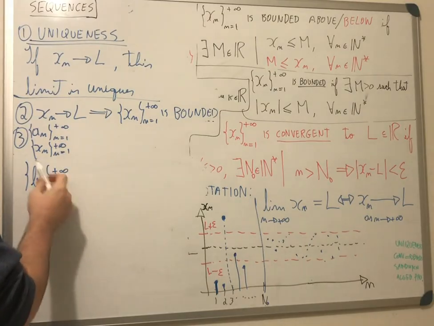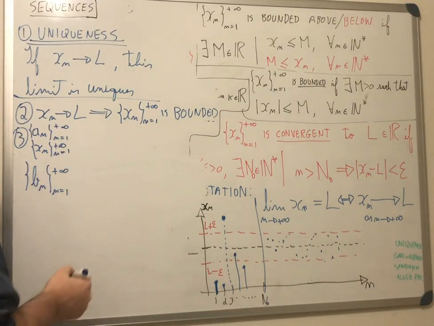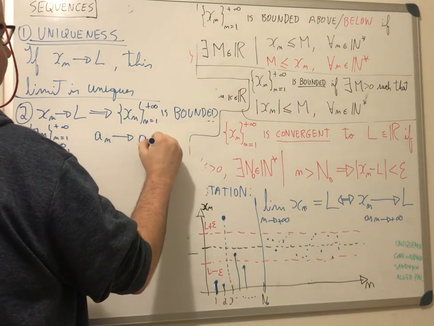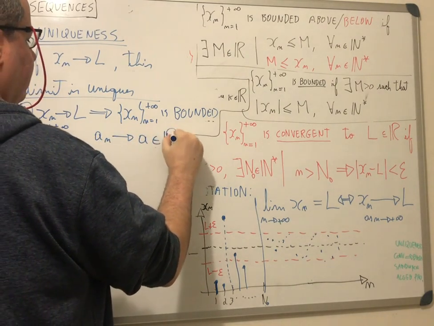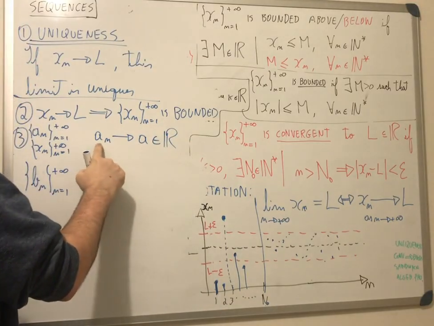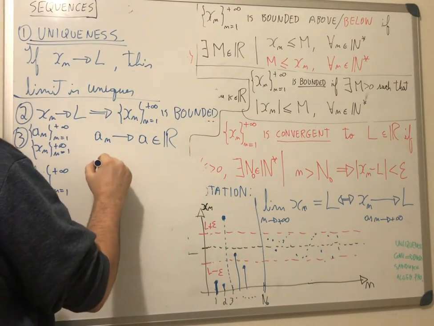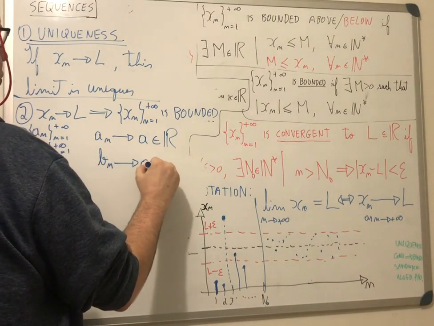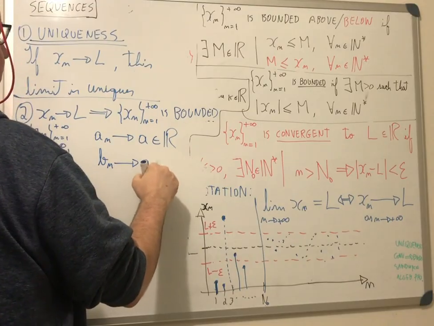Okay, so we have three sequences, and suppose further that an converges to some real number a. So suppose the sequence an is convergent, and the bn sequence also converges to a. Okay?